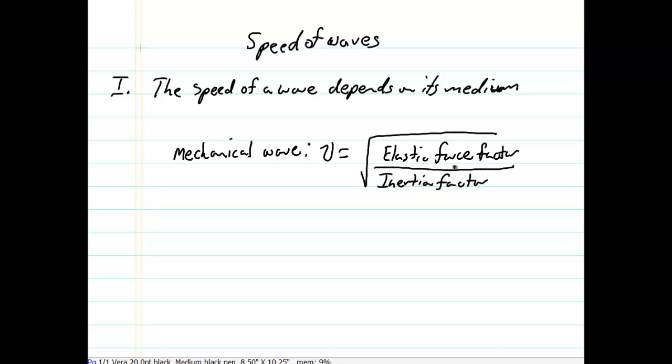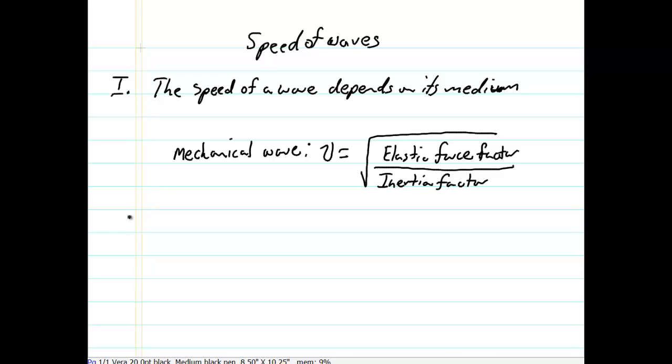Now, what this specific force factor and inertia factor is will depend upon a particular type of wave, but they will all have this form, square root of something related to force and something related to inertia.